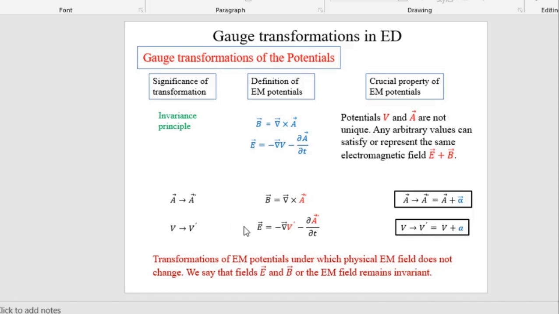And further, since the physical electromagnetic field is not changing, we can also say that these fields E and B are invariant under these gauge transformations. That means the electromagnetic field remains invariant under gauge transformations.